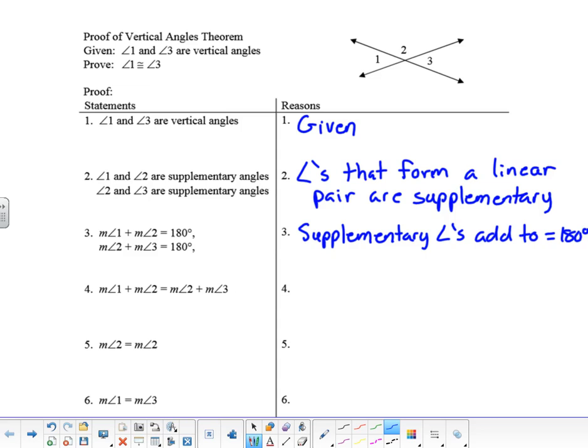Now, since both of these add to equal 180, we can substitute what I just circled in for what I underlined there, and that is the substitution property.